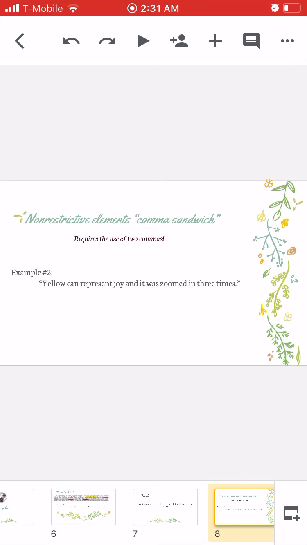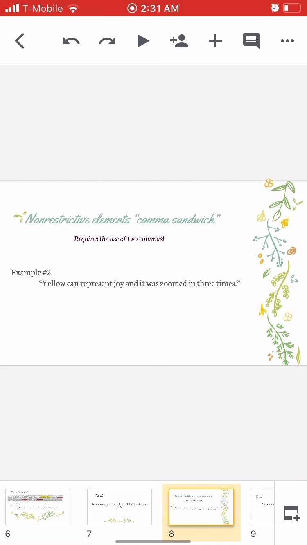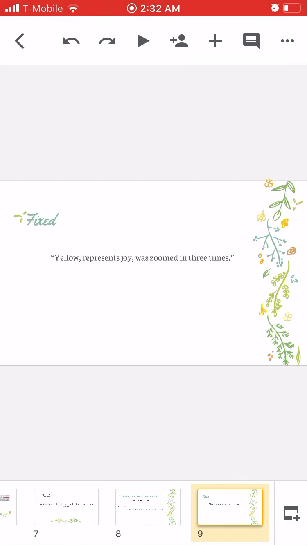So yellow represents joy, and yellow is being zoomed in 3 times. So 2 different things are being done. And so that's why there's a comma between yellow represents joy and was zoomed in 3 times.